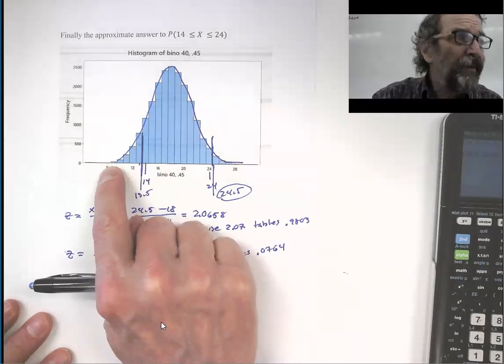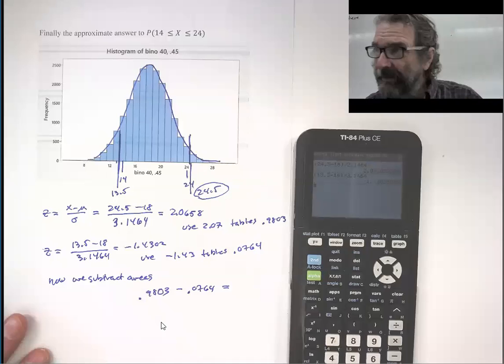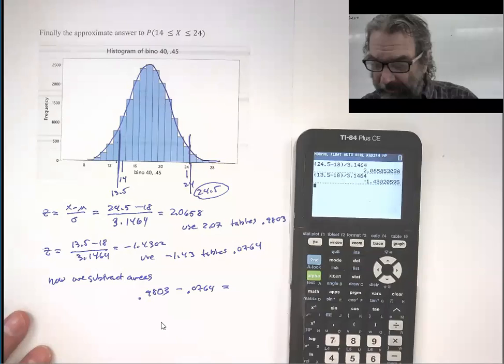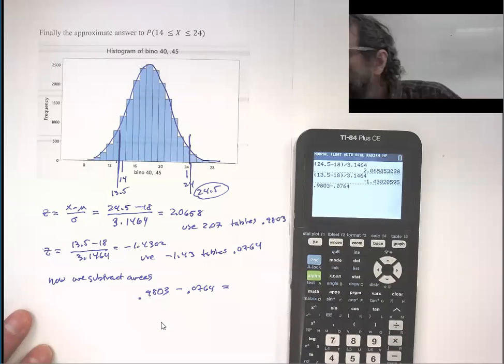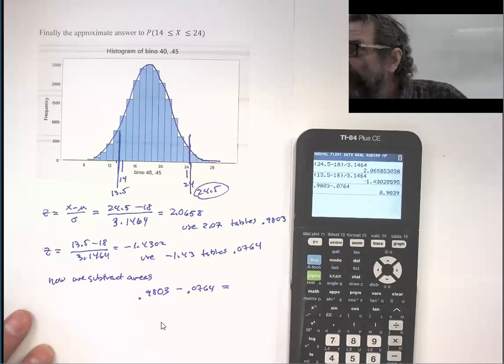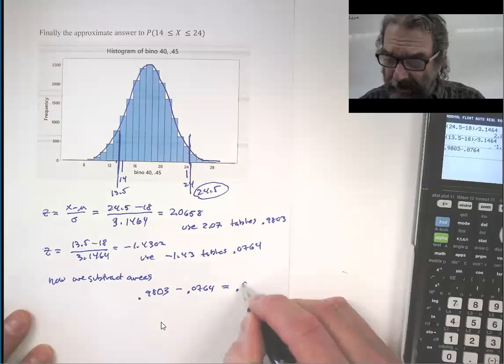It looks approximately right. And then we'll just subtract those two: 0.9803 minus 0.0764 gives 0.9039.